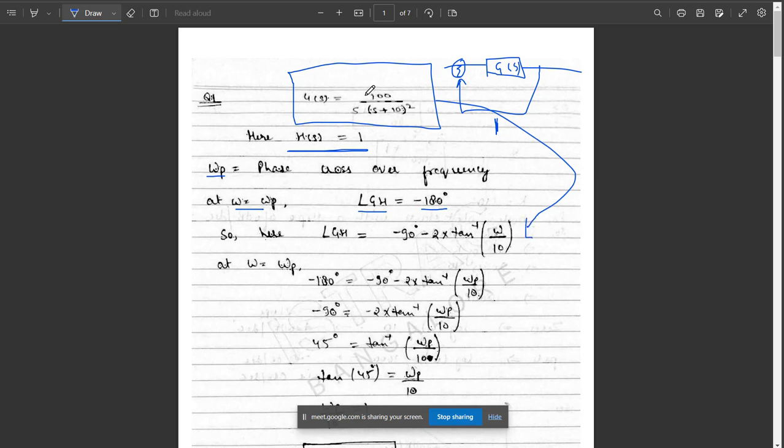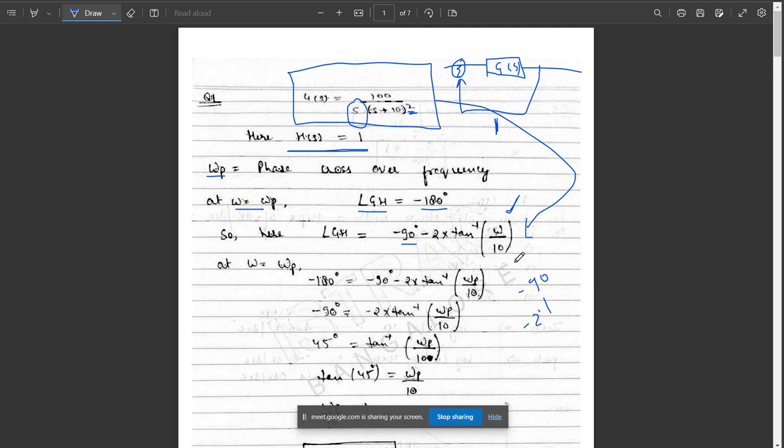Yes, we can. Here there is one pole at 0, that is -90 degrees, and two poles at 10, so -2 tan inverse omega by 10. Right? This is how we get the phase of a system. For a pole at 0, we put -90, and for the other poles, as many poles as there are, like 2 here, the order of this pole is 2, so -2 tan inverse of omega by 10.